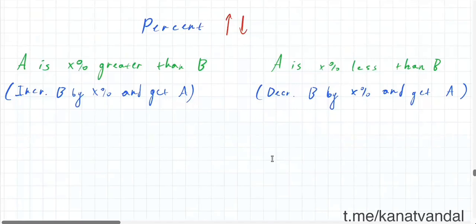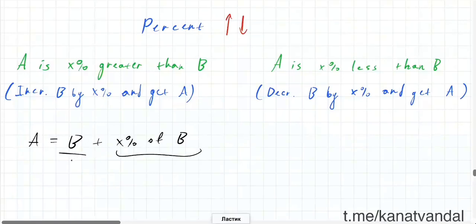Well, mathematically what it means, you have b, right? You increase b, you do addition, right, by x% of b, right? And this way you get a. This is a mathematical expression that corresponds to the phrase a is x% greater than b, right?